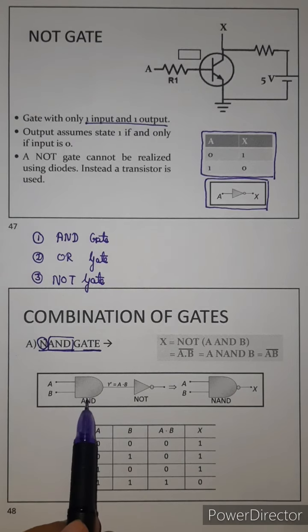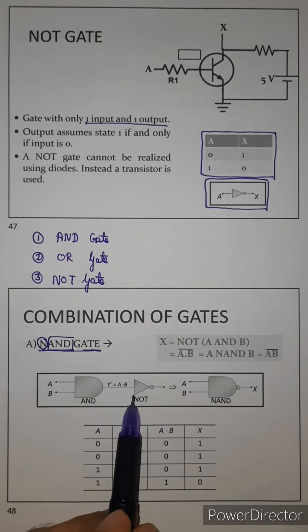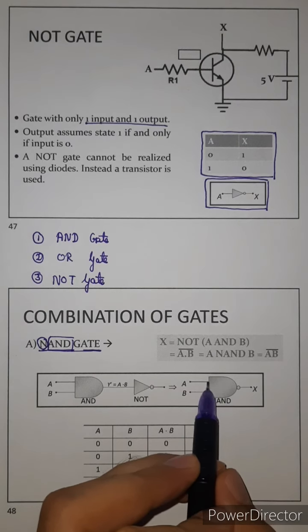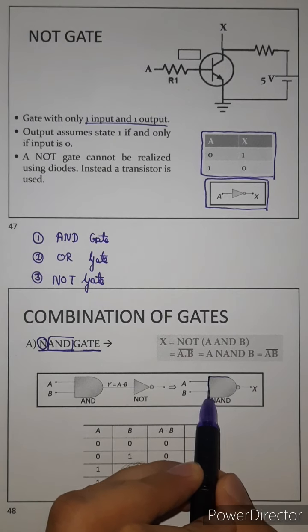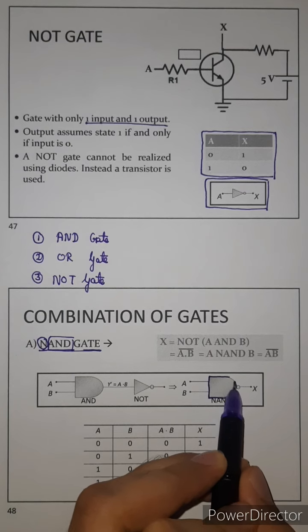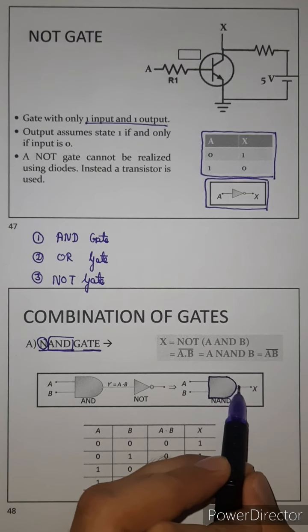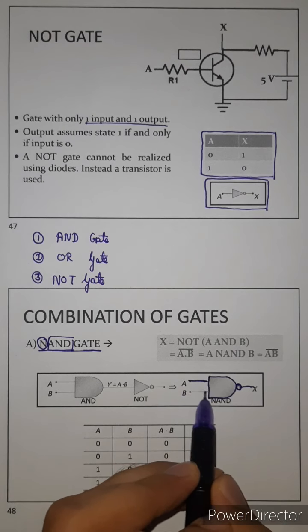This NAND gate has been formed by the combination of AND gate and NOT gate, and this is the circuit representation of NAND gate, where this representation is followed by a very small circle to represent NAND gate.